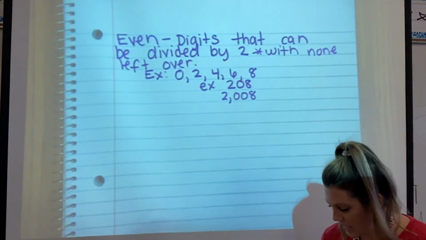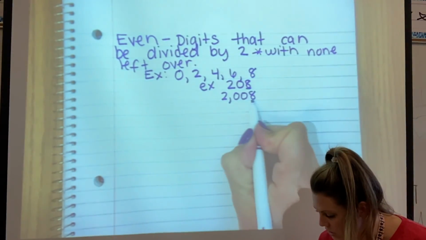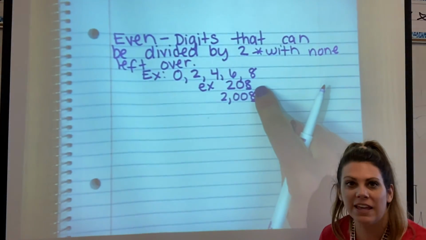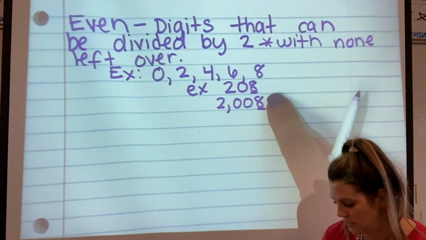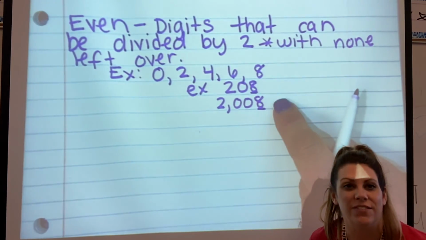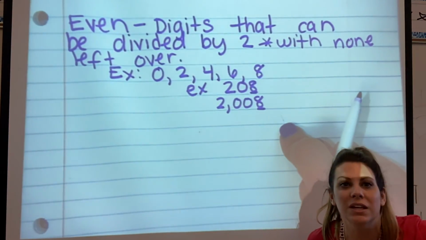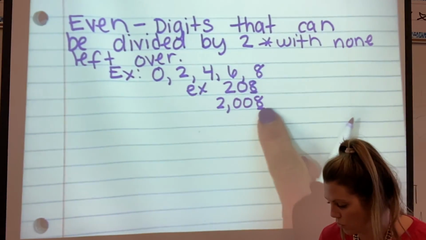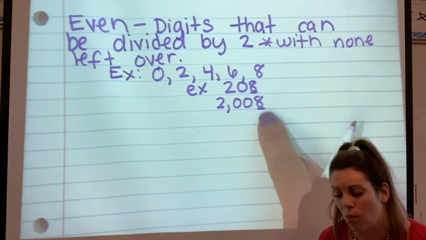Don't freak out. If you look in the ones place, you always look in the ones place. If the digit in the ones place is a 0, 2, 4, 6, or 8, it's even. Even if it has a million numbers in front of it. You don't have to worry about any of that. You just worry about the number in the ones place.